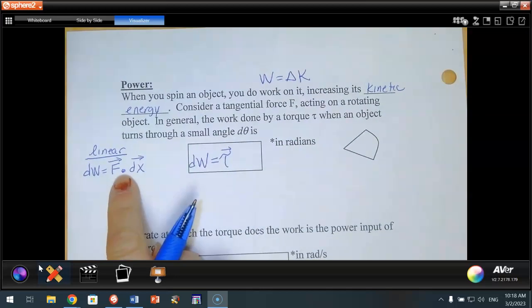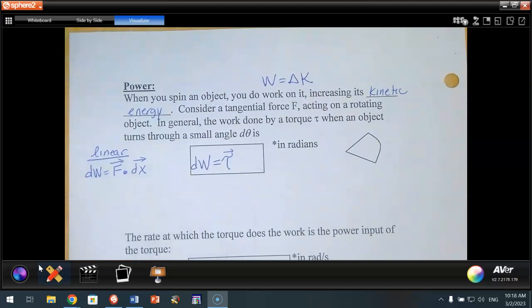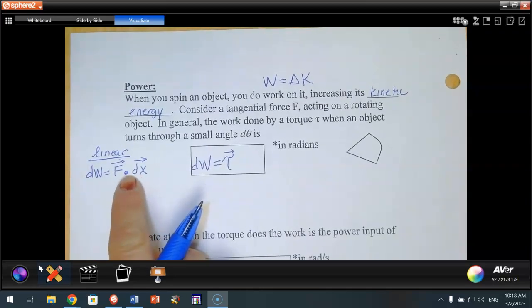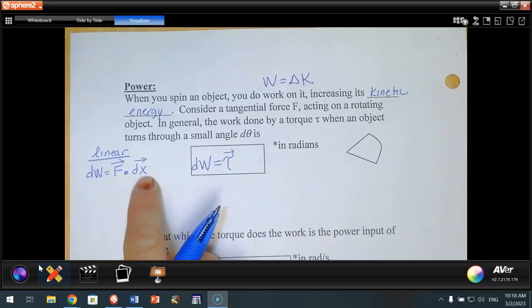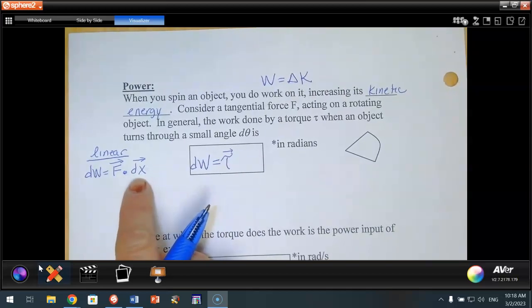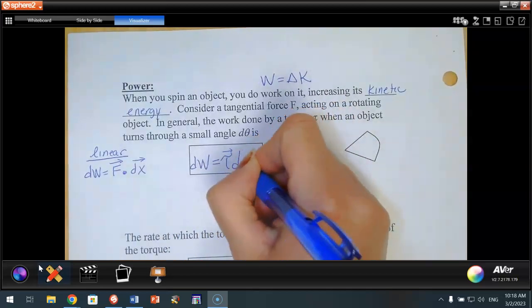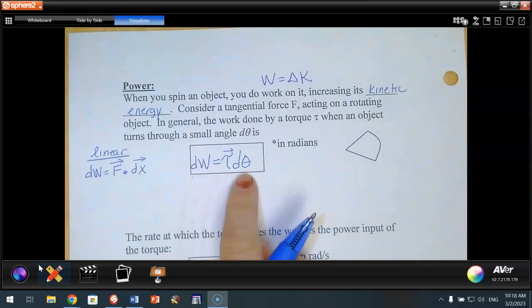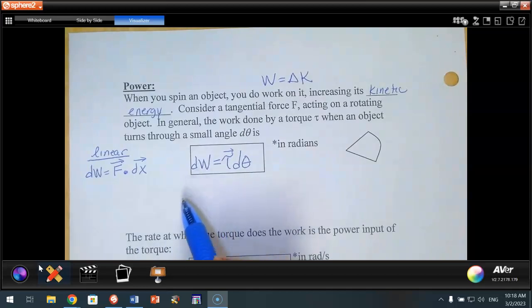The dot product with rotation, it's almost always that the direction of the force is going to be the direction of the rotation, so we're going to say this is the cosine of 0, which is just 1. So we kind of ignore the dot product with rotation. And then instead of x as displacement, for rotation it's going to be d theta.